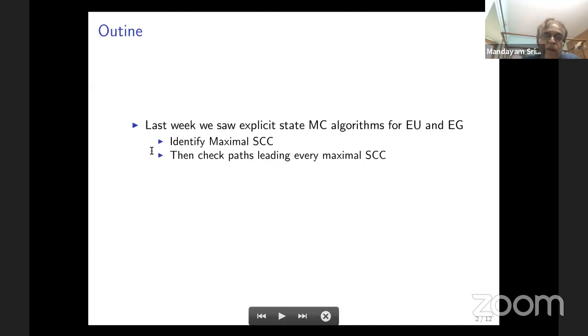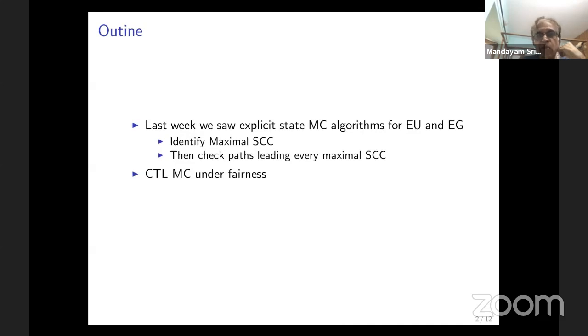The algorithms primarily involved identifying maximal strongly connected components in the graph and then checking paths leading from various states to one of the strongly connected components, and then checking that the desired properties all held on those paths.